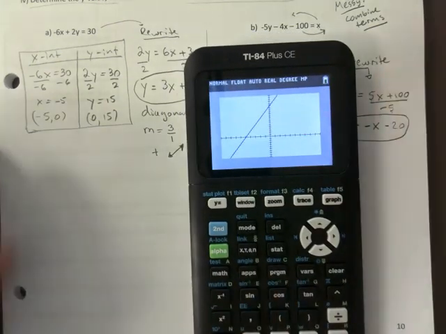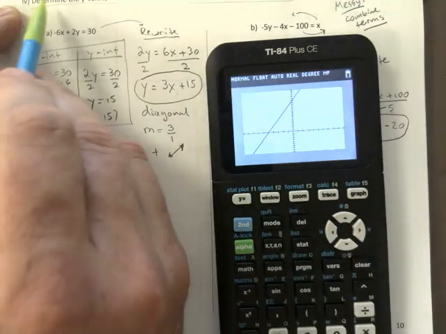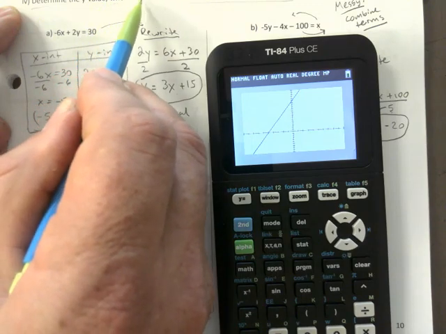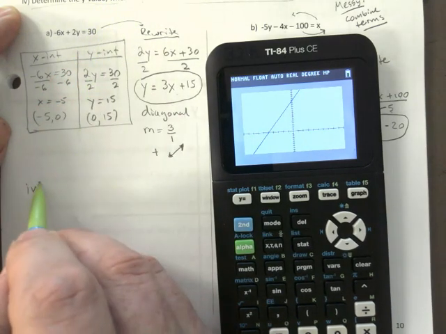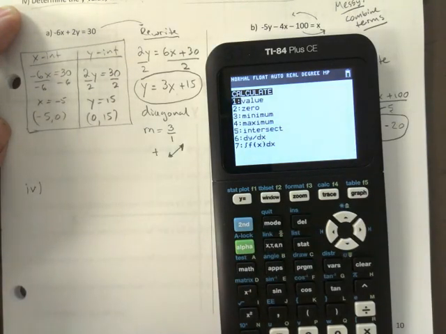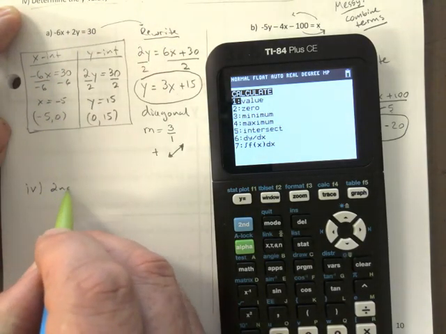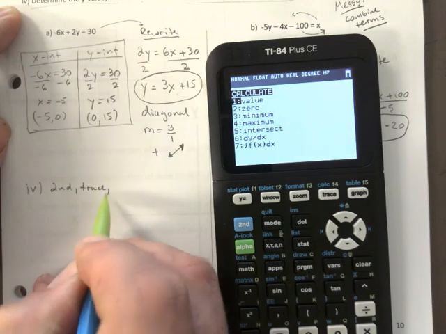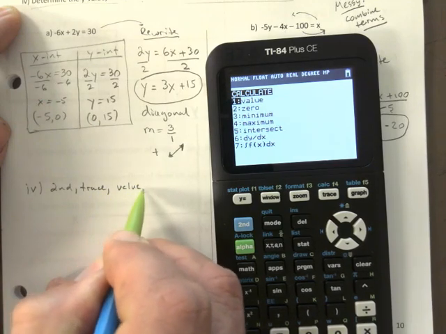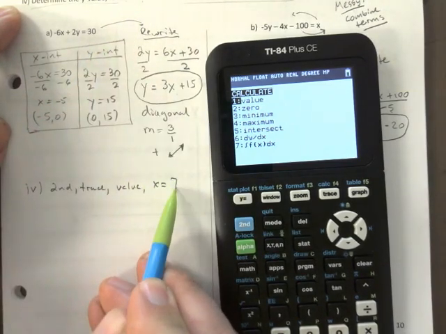So let's answer this one here. Determine the y value when x is equal to 7. How would I do that? What function would I use if I had to go second trace? If you know the x value, you go second trace value, and then you let x be whatever that number is, 7.